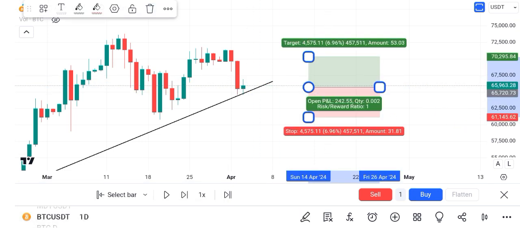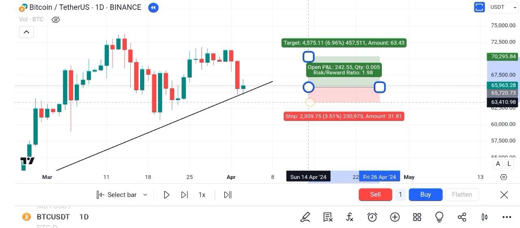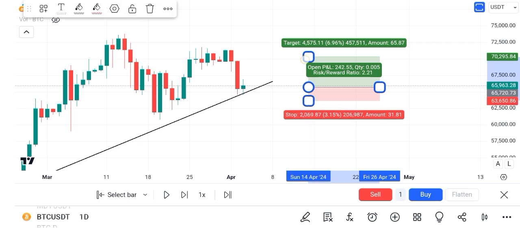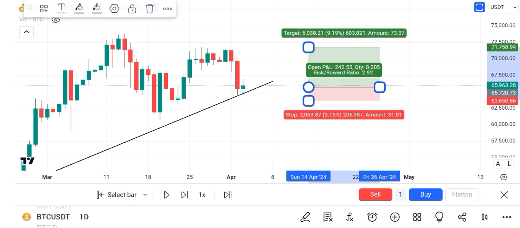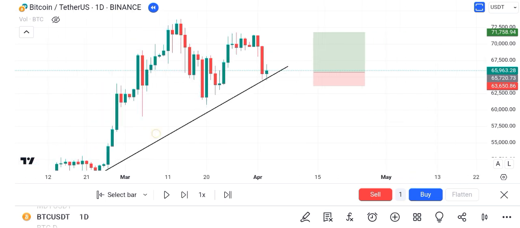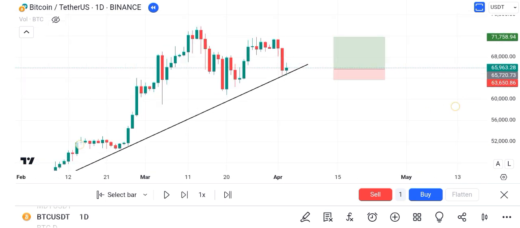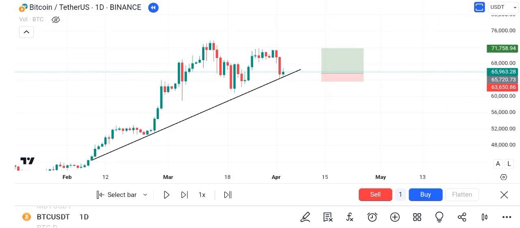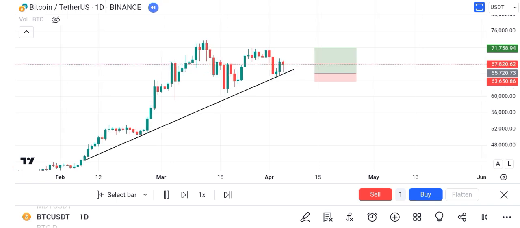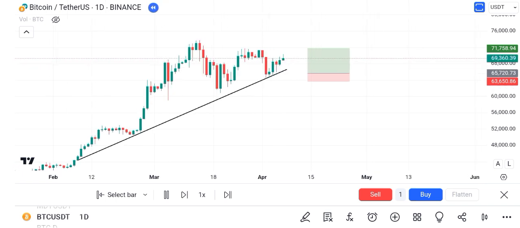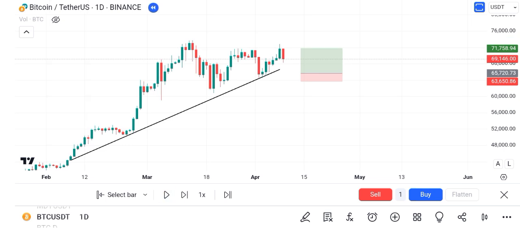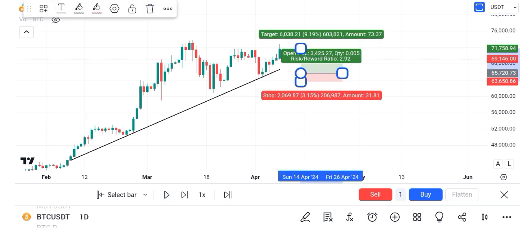I will buy at this point and I will place my stop loss below this low. And this will be my TP. So let's see if the price takes a bounce or triggers our stop loss. You can see that the price has taken a bounce from our support zone and successfully touched our TP.